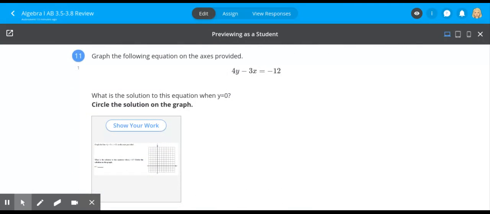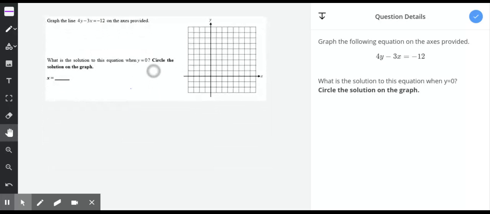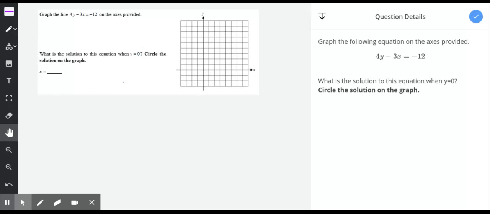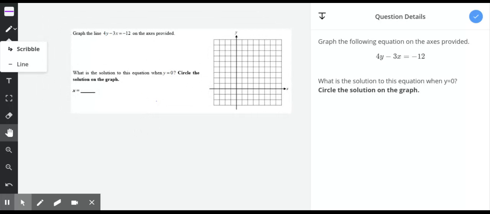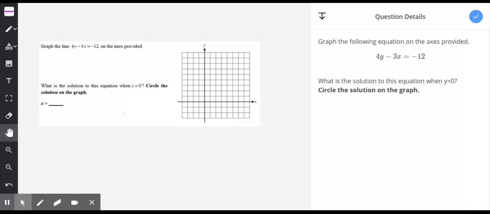Graph the following equation on the axis provided. Circle your solution. If I need to circle my solution, that means I'm looking for the x-intercept. To graph that, the first thing I need to do is make it be y equals. So I'm going to add 3x to both sides, which gives me 4y equals 3x minus 12.